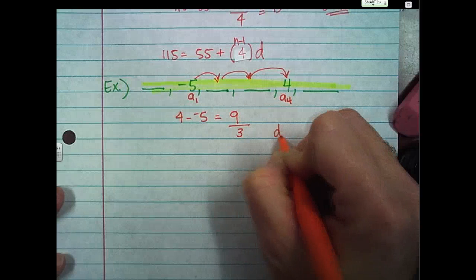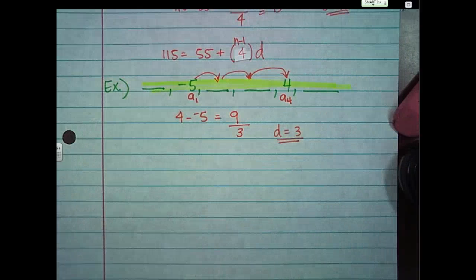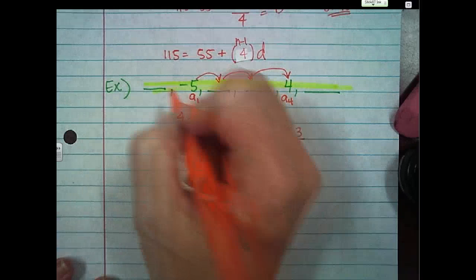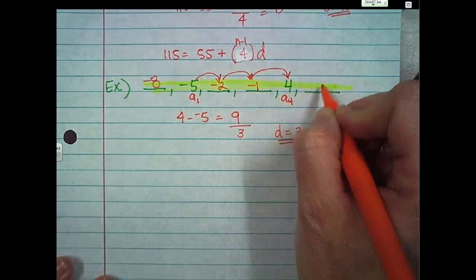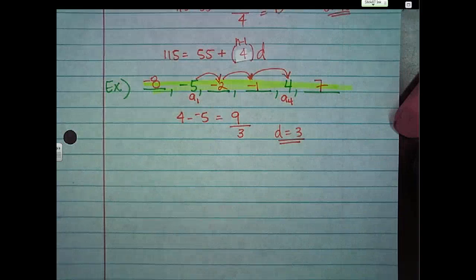Your common difference is 3. Now that you know that, you fill in all the numbers. Go ahead and do it. Then you should have got negative 8, negative 2, negative 1, and 7. Oh, positive 1.